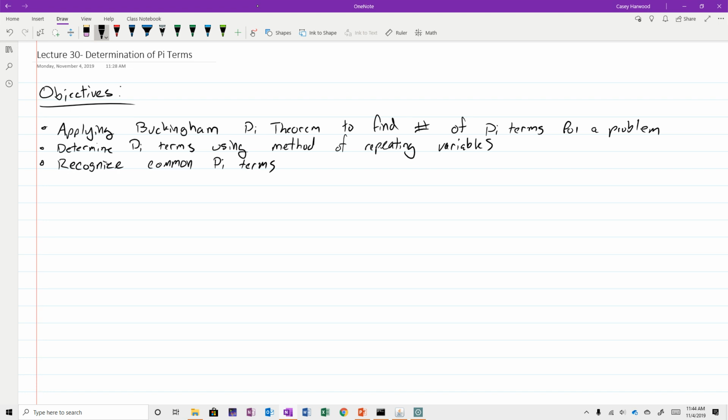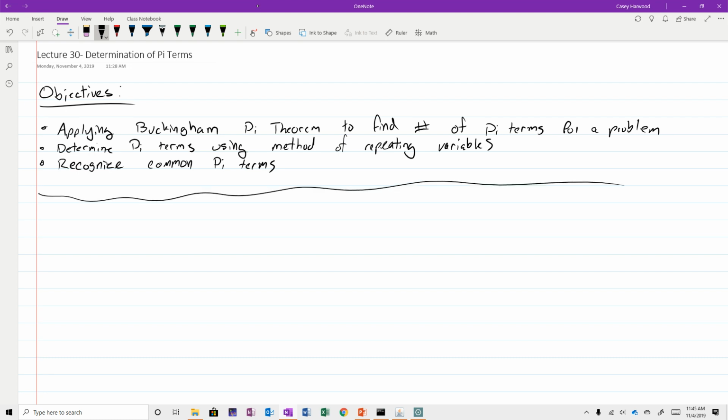We're going to get into where those come from. So by the end of this lecture, if you come across a Weber number, or a Froude number, or a Mach number, step 2 here will show you how the sausage is being made for those terms.